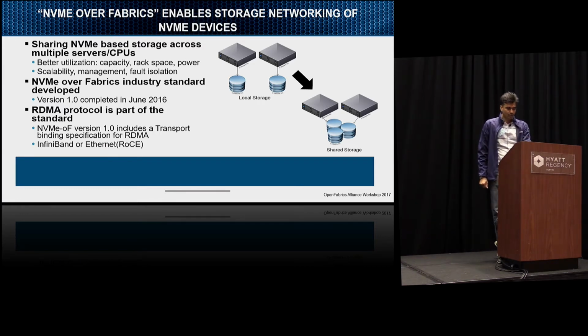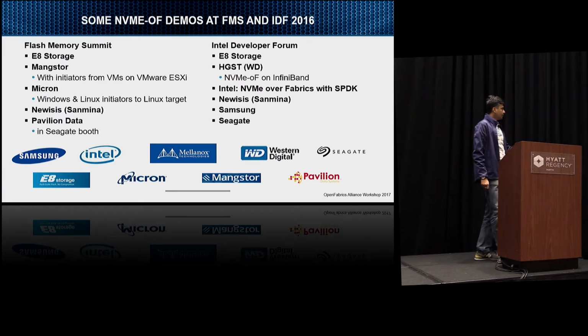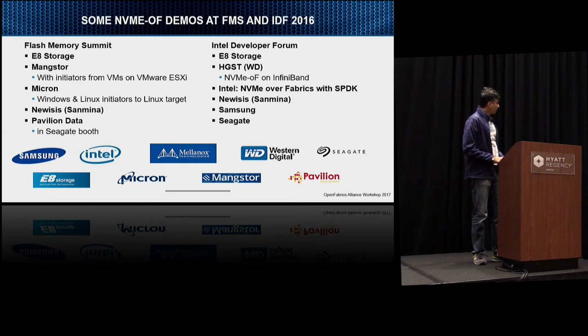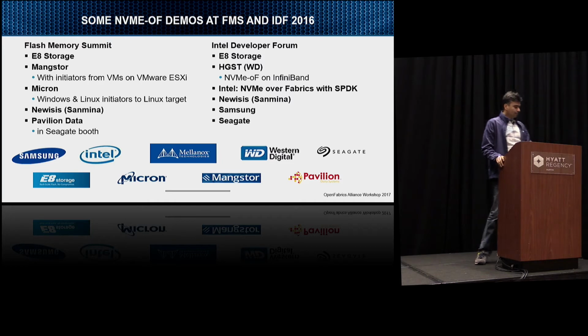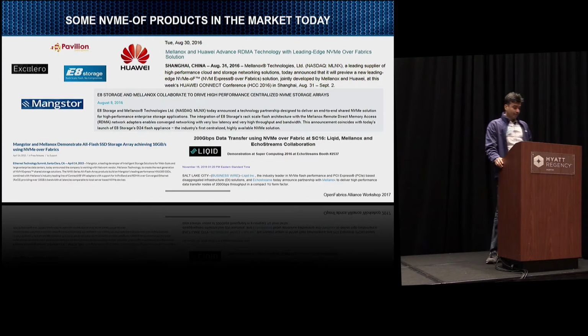These are some of the demos from last year or a few months back at 2 different conferences from various different storage vendors and the OS side. I'm not going to go over the names, but they are very visible. These are real products in the market today, and not just demos, which are also at least 6 months old, available for use.